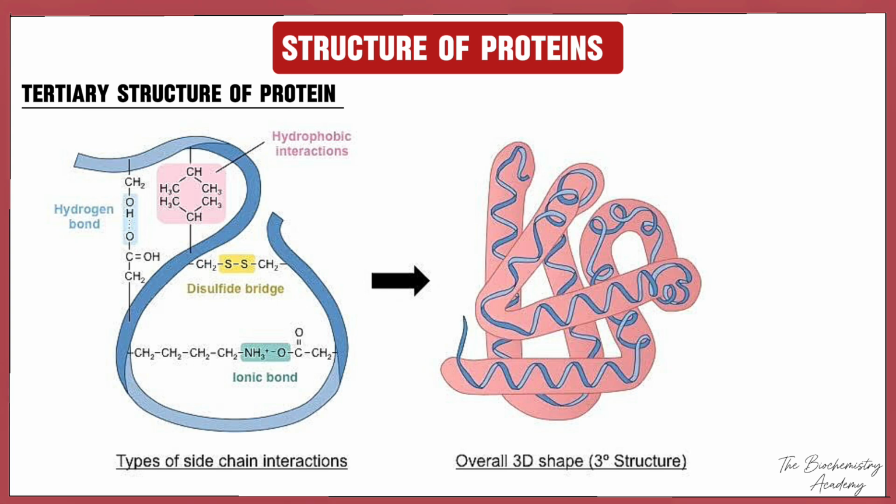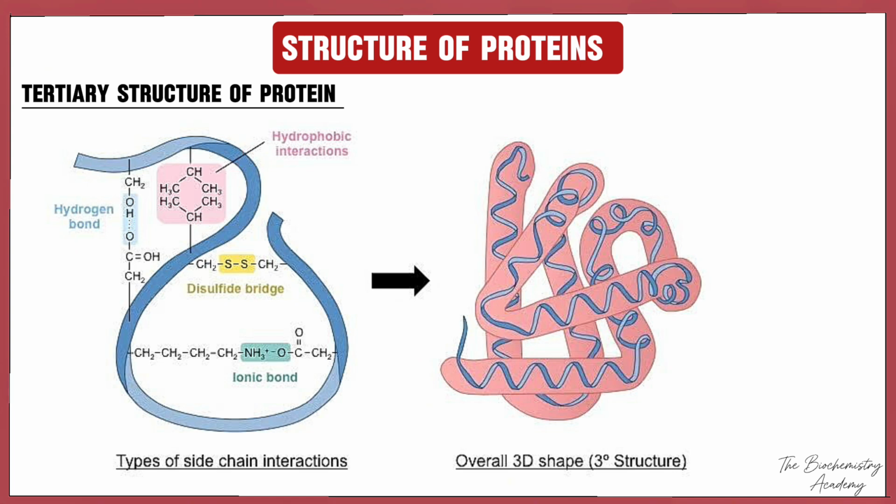For example, some R groups can be hydrophilic, which means that they like water, or they can be hydrophobic, which means they don't like water. Now, when folding is going on, the amino acids with the hydrophilic group hang on the outside, while the hydrophobic R groups hang on the inside of the protein.